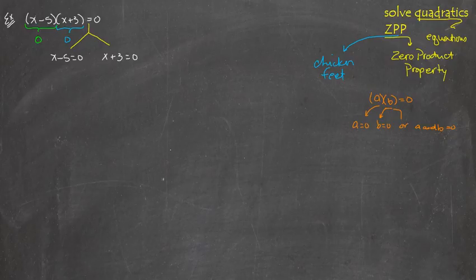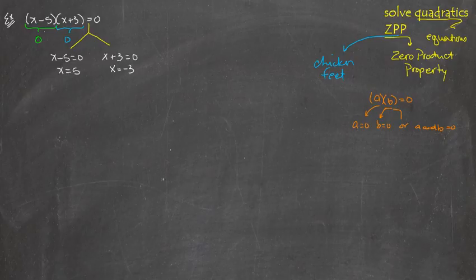So all I've done is take the first factor and set up an equation where it's equal to 0, because that's what I want to find, and then take the second factor and set up an equation where it's equal to 0, because I want to discover which x would make it equal 0. And now it's just an equation I can solve. x equals 5 and x equals negative 3.